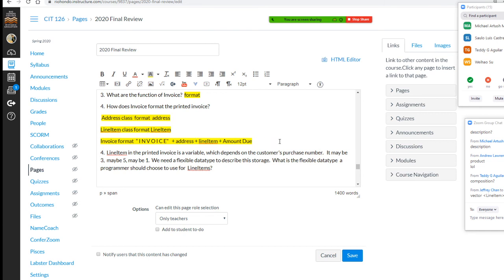So the invoice does the combination. You put the invoice, then you go to the address, ask address to print address. Then you go to the line item, ask it to print the line item. Then you do amount due. So line item has a variable here, and we already found out it's a vector.